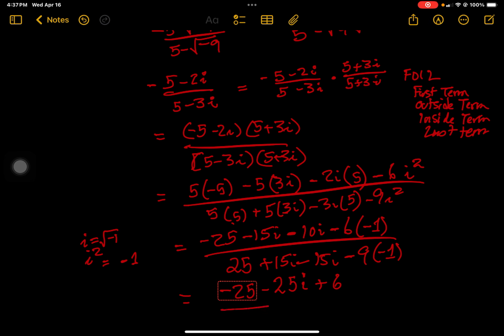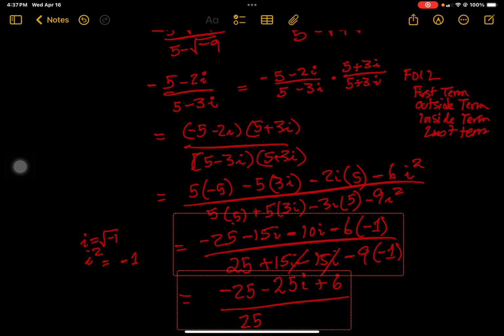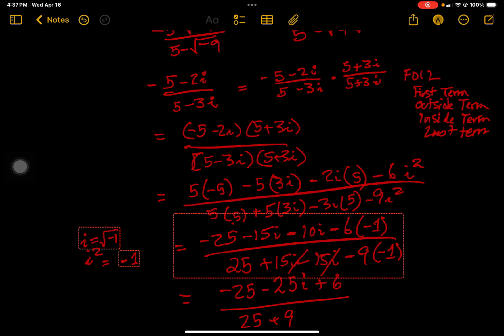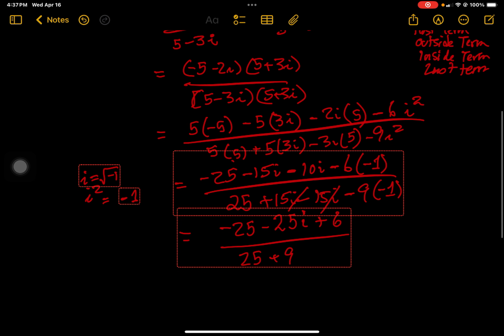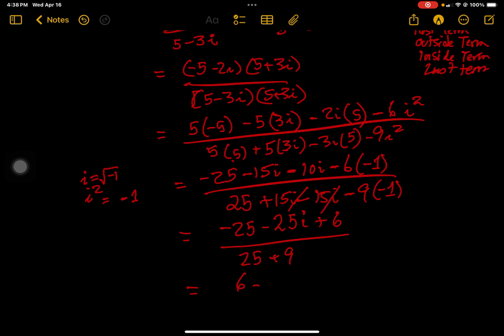That will be divided by 25 plus 15i and minus 15i, they cancel, and minus with a minus becomes a plus. So this is equal to 6 minus 25 minus 25i divided by 25 plus 9, which is 34.